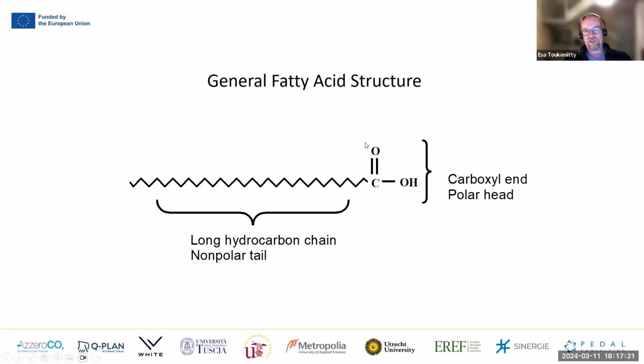So this right hand side part is the COOH part, the carboxylic acid group, and then this zigzag structure is just the hydrocarbon chain, and it can be very short or it can be very long, and everything in between.